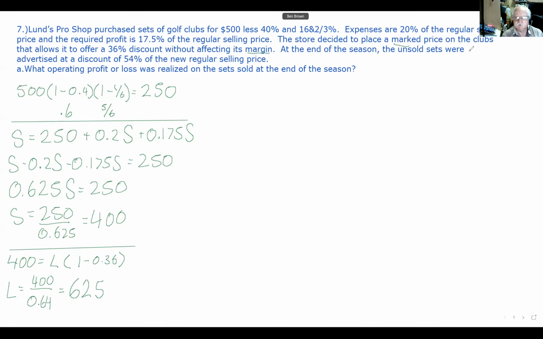At the end of the season, the unsold sets were advertised at a discount of 54%. So we can figure out the end of season sale price. We have to start with the artificially inflated price, 625, 1 minus 0.54.